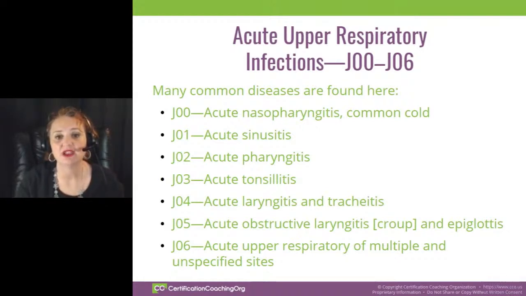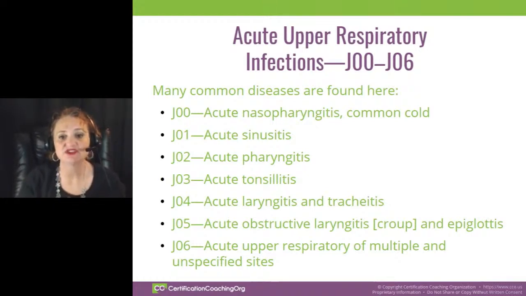We could have nasopharyngitis. That's just a big fancy word to say the person has a cold. Sinusitis, those sinuses I told you about, they're irritated and inflamed. Pharyngitis, the back of the throat is irritated and inflamed. Tonsillitis, we know where our tonsils are on each side of our throat, right before you get to the pharynx. Again, the tonsils are inflamed.